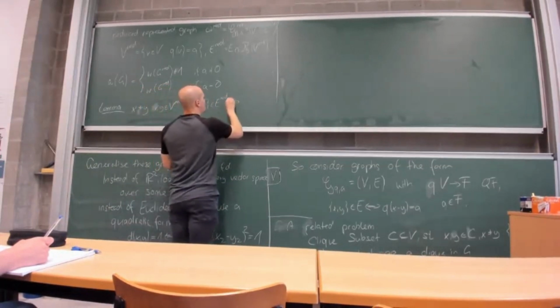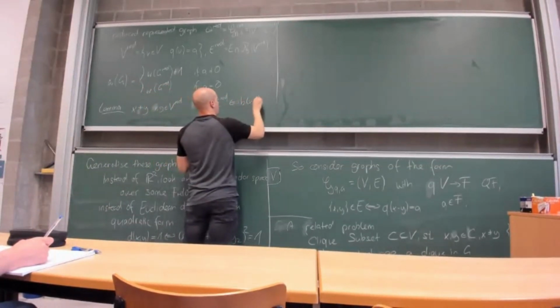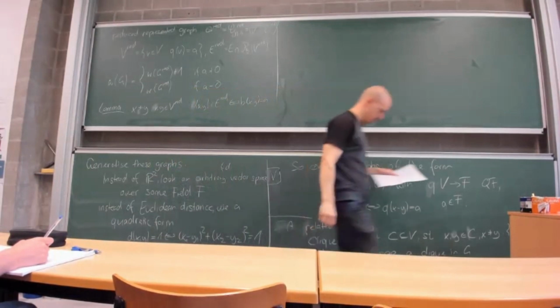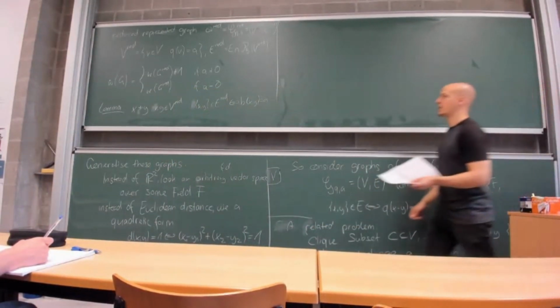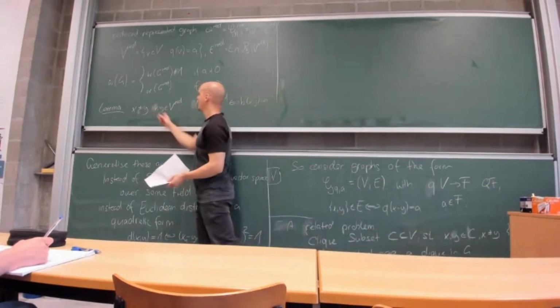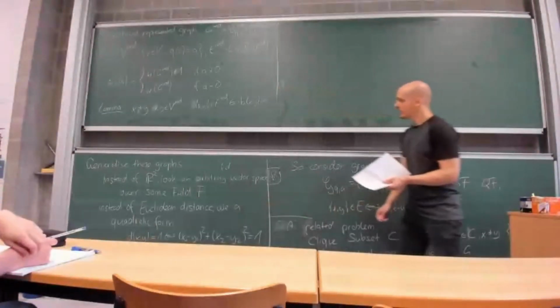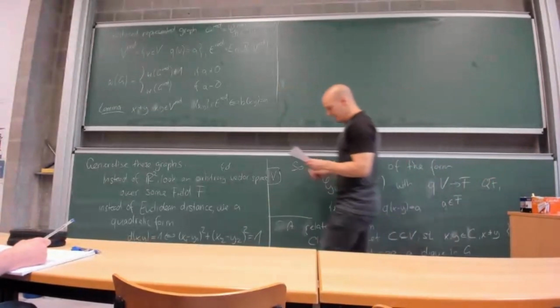They are connected if and only if the value of the bilinear form evaluated at these two vectors is A.